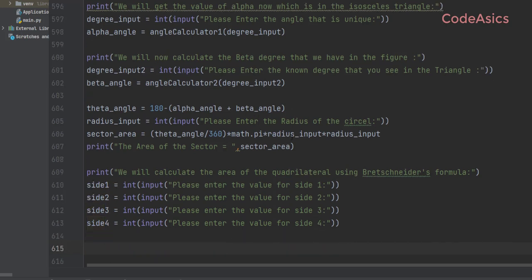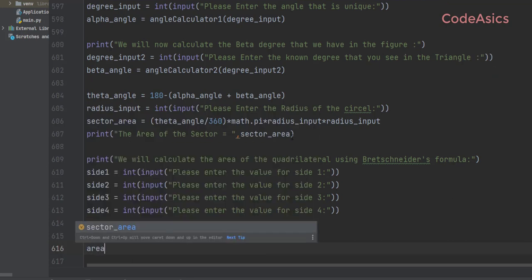Now we need to utilize the formula, right? So first we need to calculate the perimeter. So I'm going to say S is equal to side 1 plus side 2 plus side 3 plus side 4. So the perimeter is obtained and is divided by 2. That is the value of S. And then the area formula.